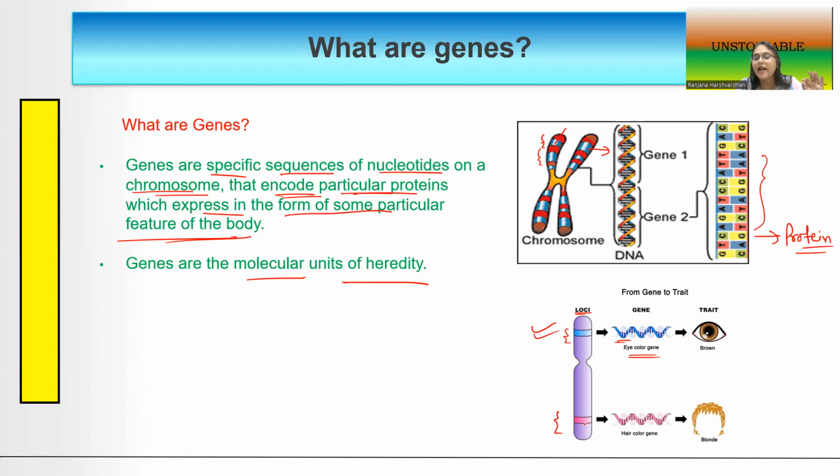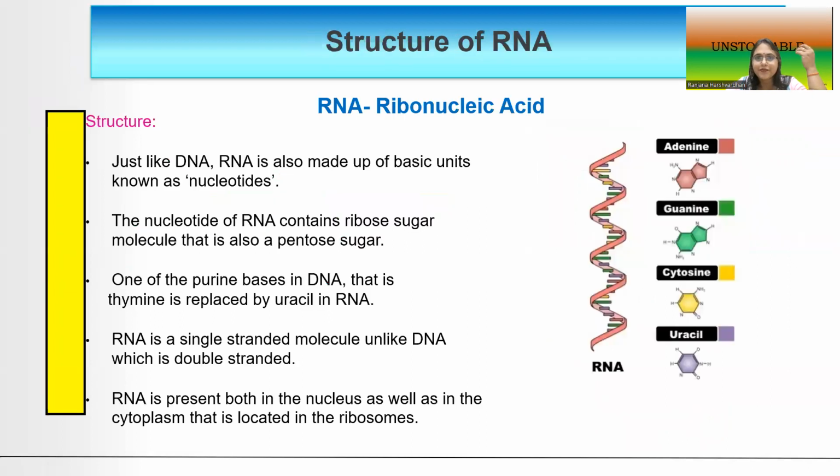This section contains the genetic information which can make proteins which give color to my hair. So this functional unit or this length of the chromosome is called a gene, which has information to code for the protein which can give color to my hair or color to my eyes. Understood? I hope so.